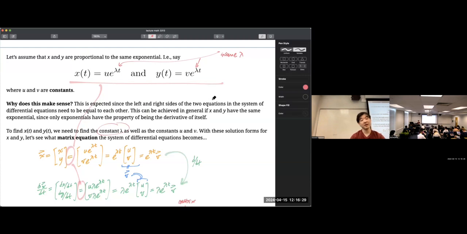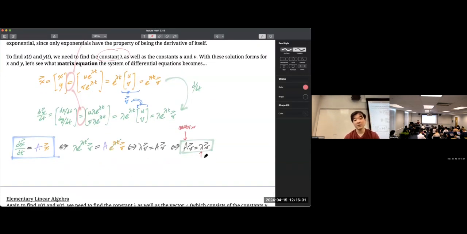So it's not a matrix, not a vector, it's just a number. So we call that a scalar. So we have an equation that says the matrix times a vector is equal to some scalar times the same vector. So there has to be some special vector where this is true.